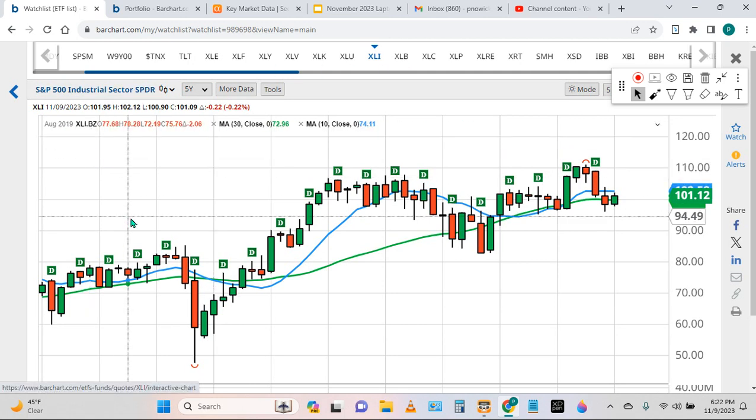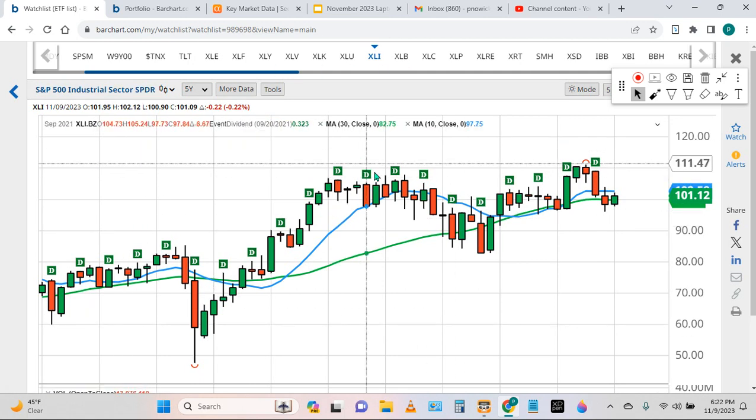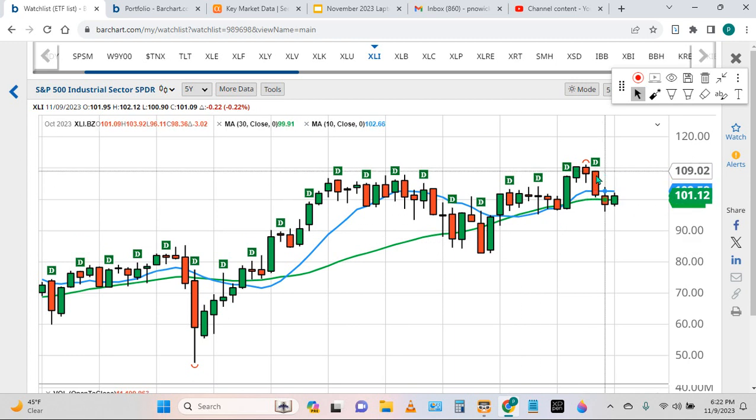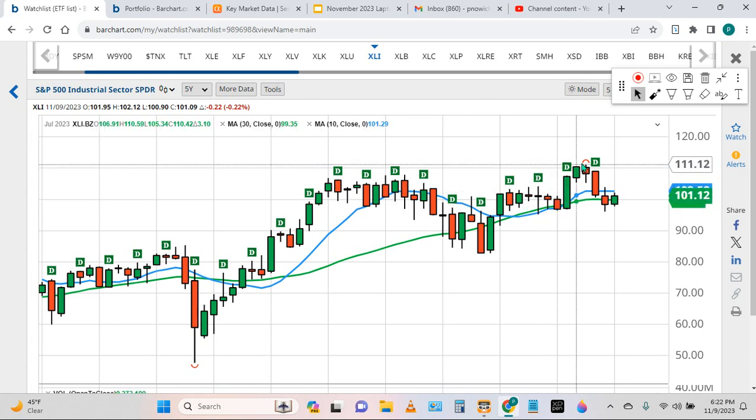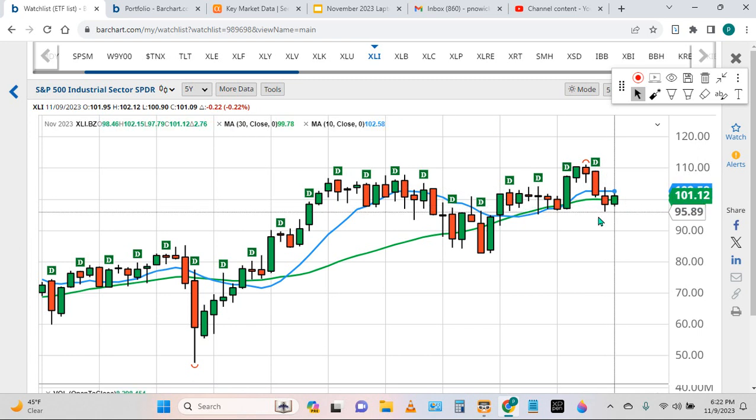Then we have the industrial sector. Again, this will be very similar to what the Dow Jones Industrials look like, but this includes more companies than the Dow Jones. The Dow Jones is only 30 companies, so it doesn't really represent a broad base. It just represents large industrial companies.